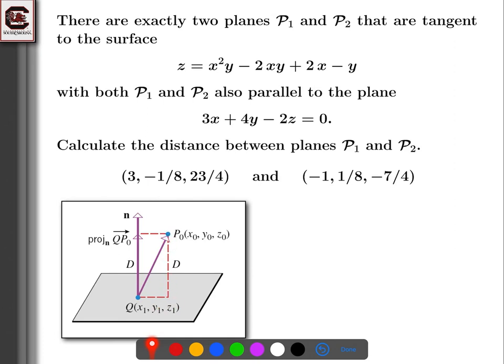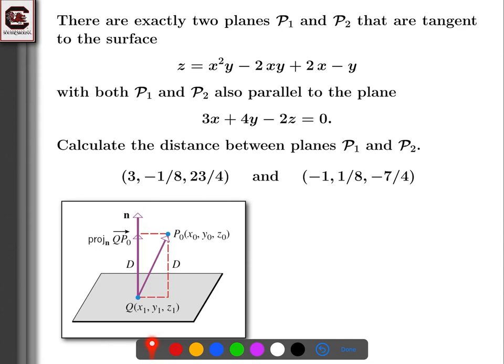And again, the idea from before was to take this vector from Q to P and project it onto the normal vector to the plane P1. And the length of that projection will be the distance then from the point on plane P2 to the plane P1. So to get that, all we need is this point then on the plane P1, and we need a normal to the plane P1.